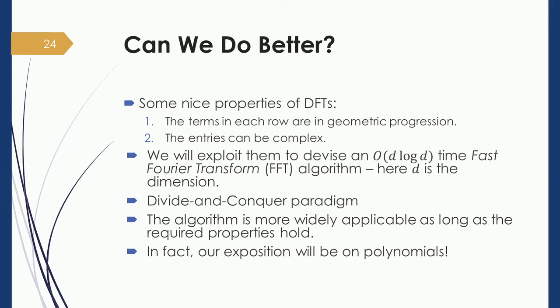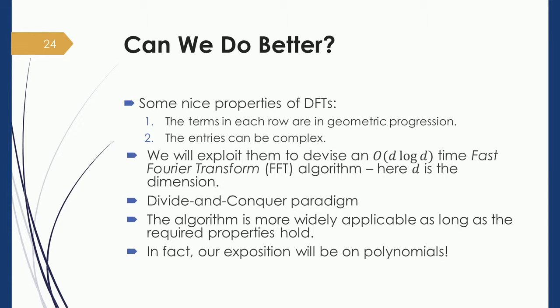Moreover, the entries can also go into the complex domain, and we will exploit these properties to devise an O of d log d time Fourier transformation algorithm. And this algorithm is called the fast Fourier transform algorithm because it is faster than the brute force d squared time algorithm. This is an example of a divide and conquer paradigm of algorithm design.